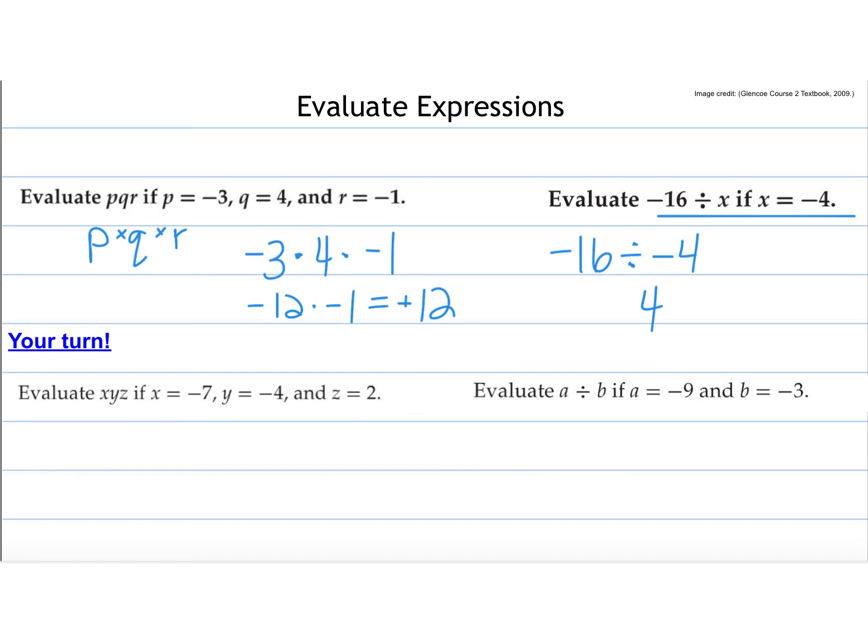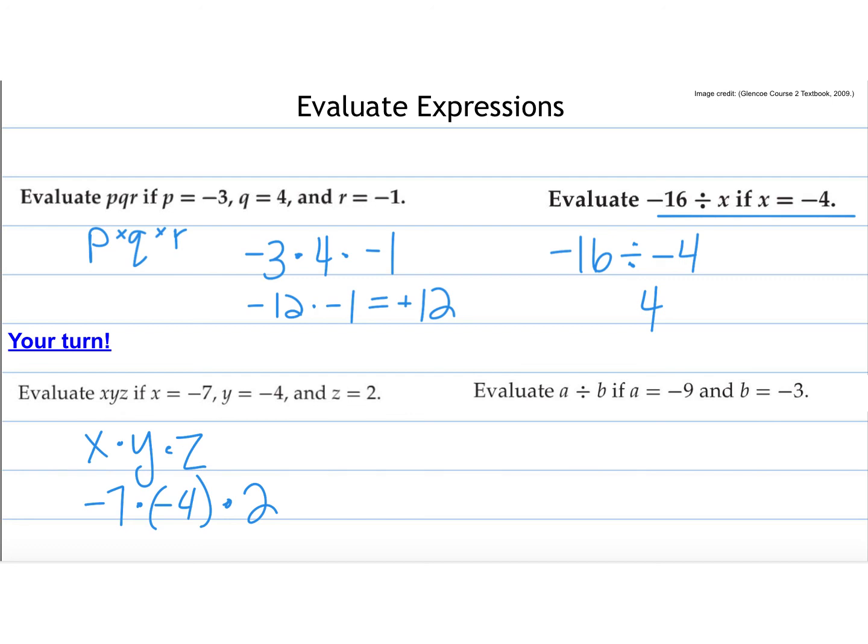Evaluate x, y, z if x equals -7, y equals -4, and z equals 2. So again, plugging these numbers in for each of these. So that really means x times y times z. So x is -7 times y, which is -4, times z, which is 2.